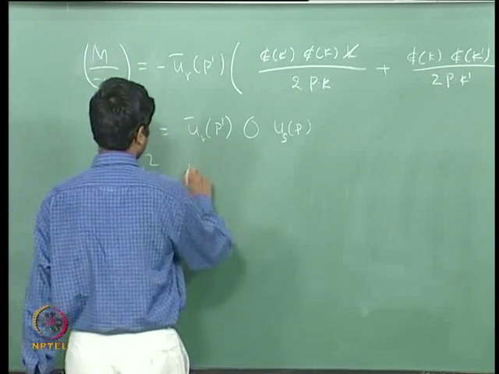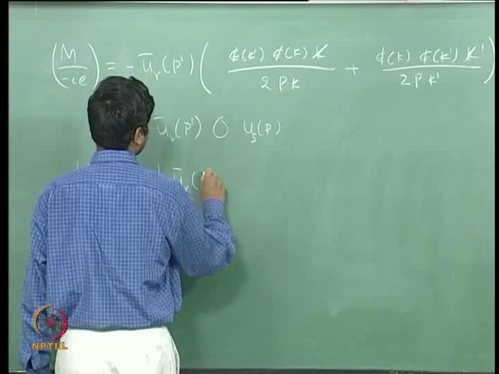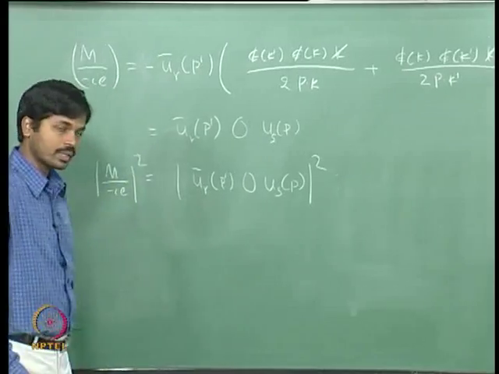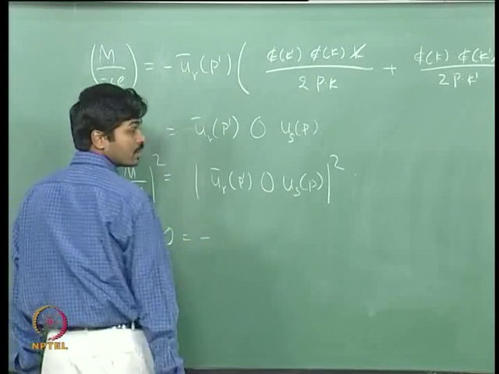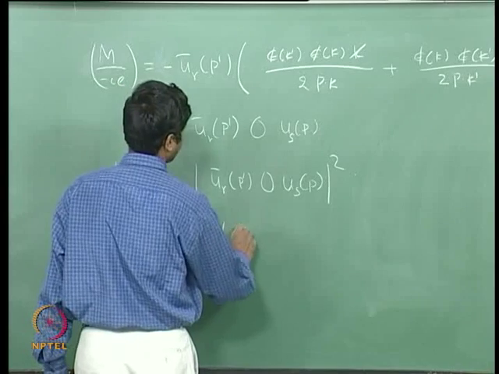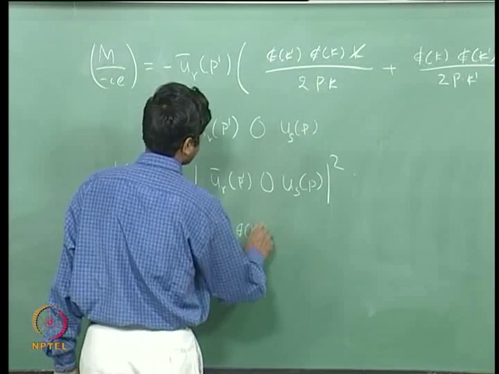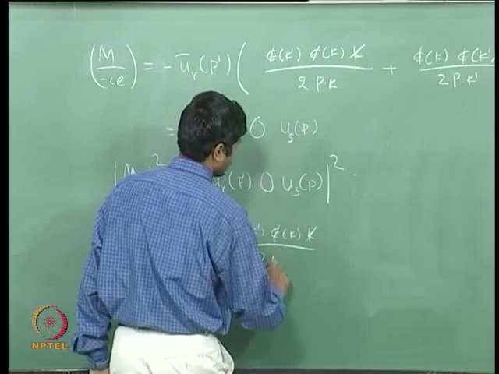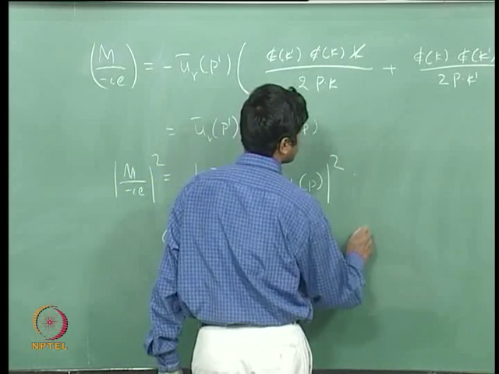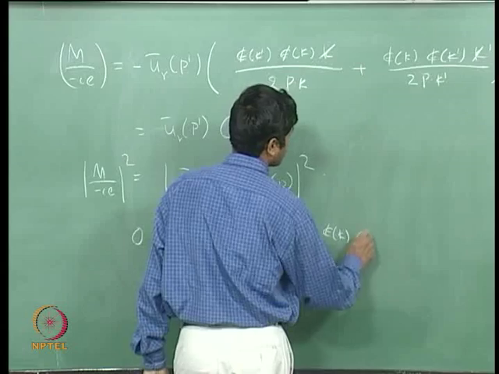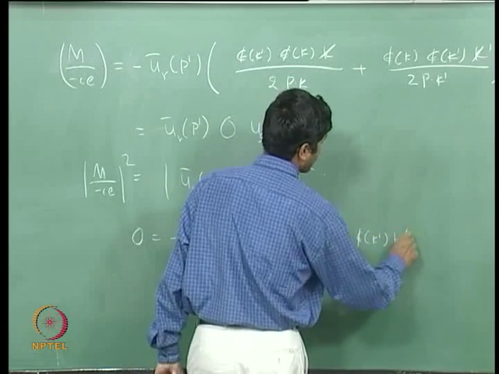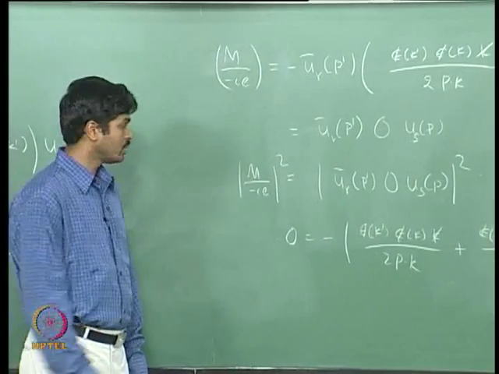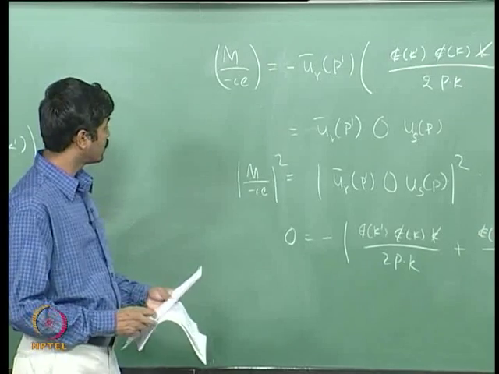So therefore we need to consider this quantity, u_r bar p prime O u_s(p) mod square, where O is the operator minus epsilon-slash k prime epsilon-slash k-slash divided by twice p dot k plus epsilon-slash k epsilon-slash k prime-slash over twice p dot k prime. Okay.